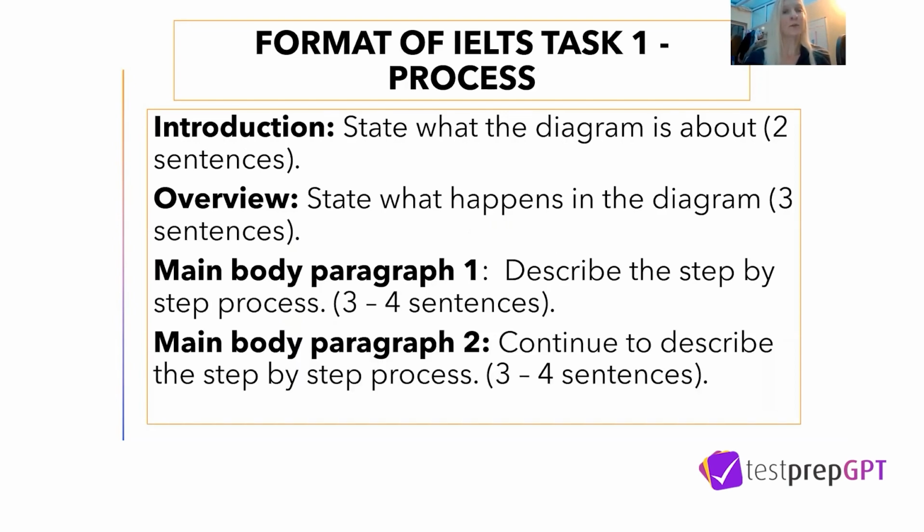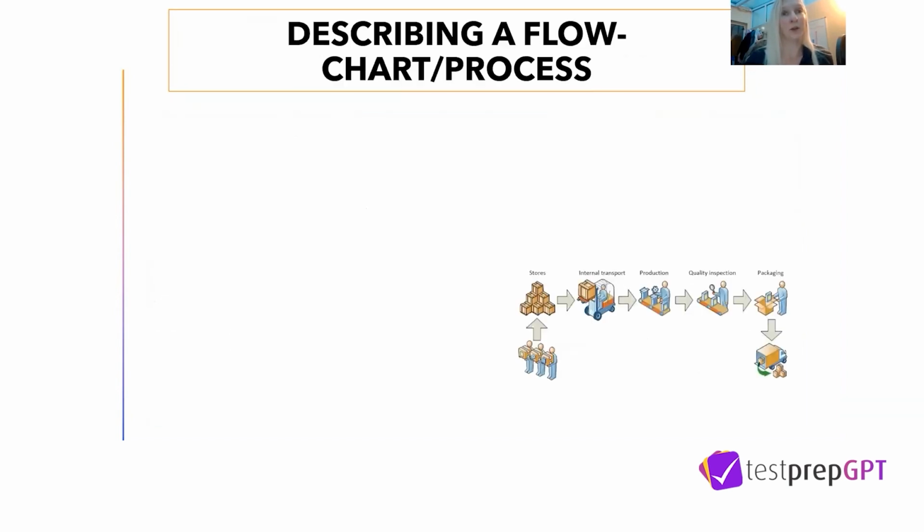The intro states what the diagram is about. The overview states what happens in the diagram, as sort of a summary, and main body paragraph 1 and 2 cover the main steps of the process in detail. So again, the intro just introduces the purpose of the diagram. The overview gives a review, but no detail, and you bring all of your detail into main body paragraphs 1 and 2.